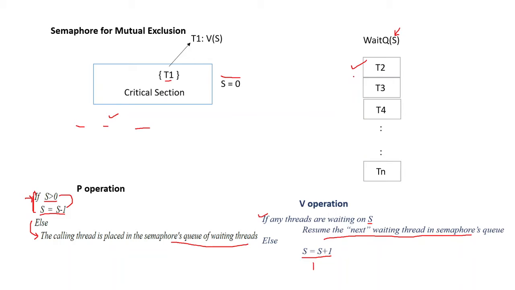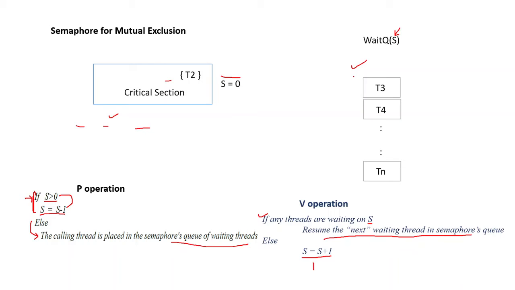So first T1 is made to exit from the critical section, and then T2 is removed from the wait queue S, unblocked, and placed inside the critical section. So in this way, semaphores are used for mutual exclusion.